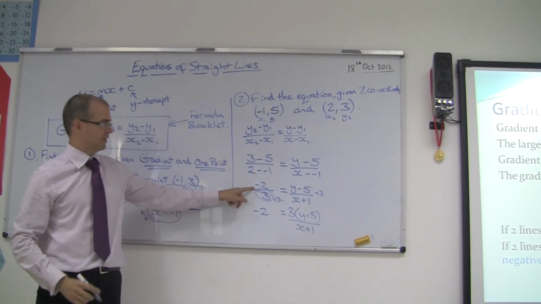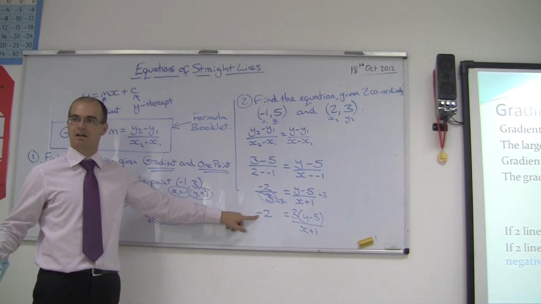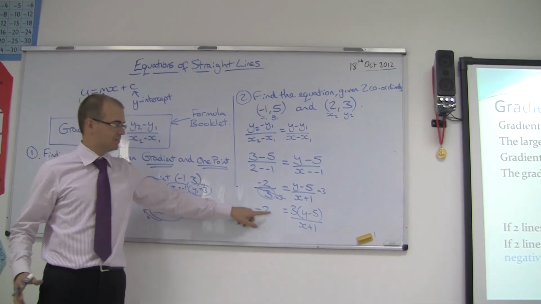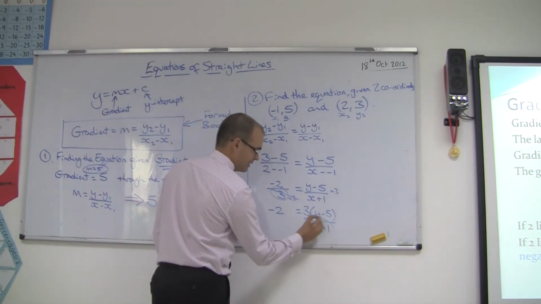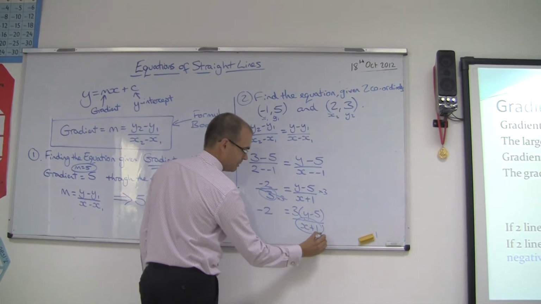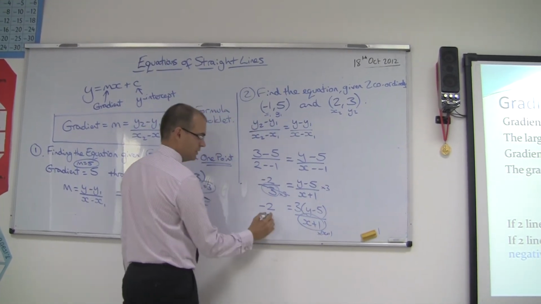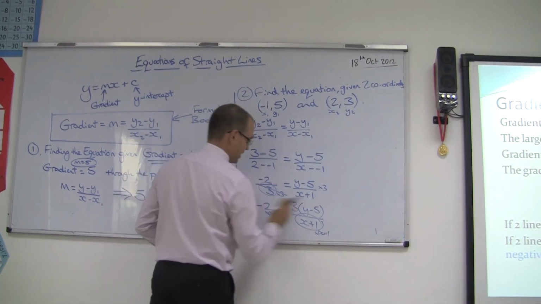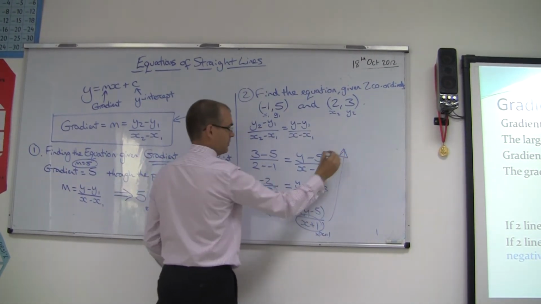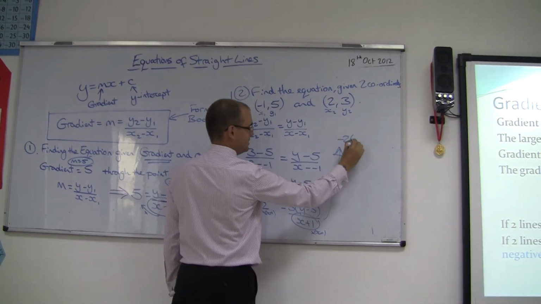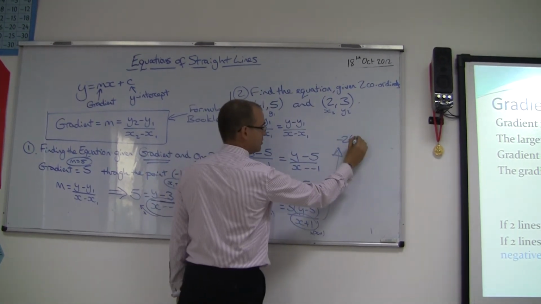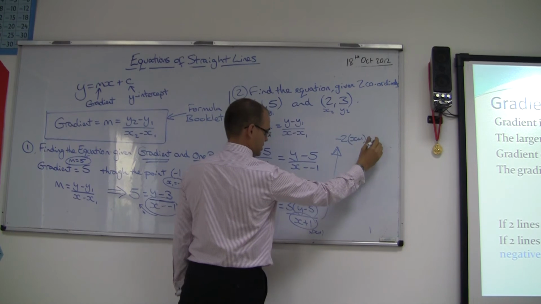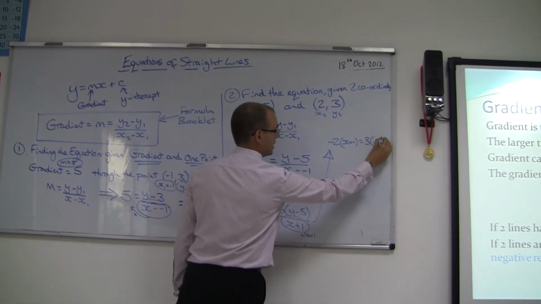I had a fraction, I've now made it a whole number, still got a fraction here. Let's eliminate that one by timesing by x plus 1. And whatever I do to that side, I have to do to the other side of my equation. Which gives me, again, the easiest way to multiply is to put it into brackets, 3 lots of y minus the 5.